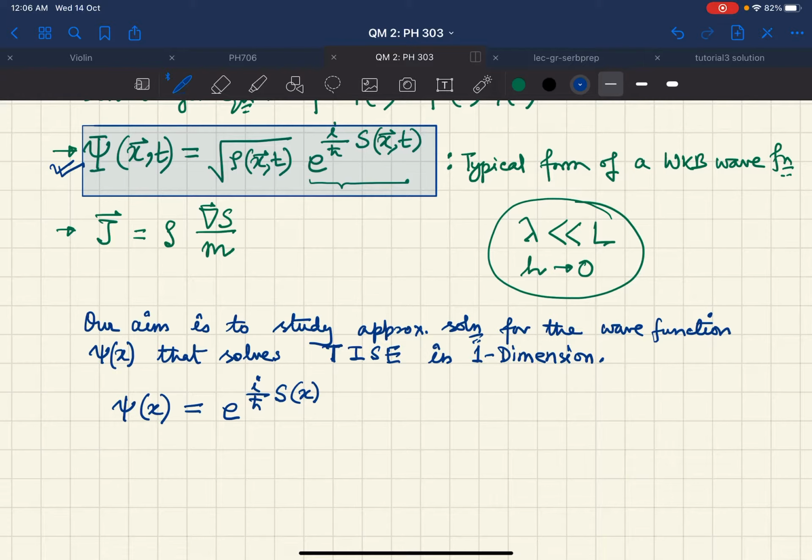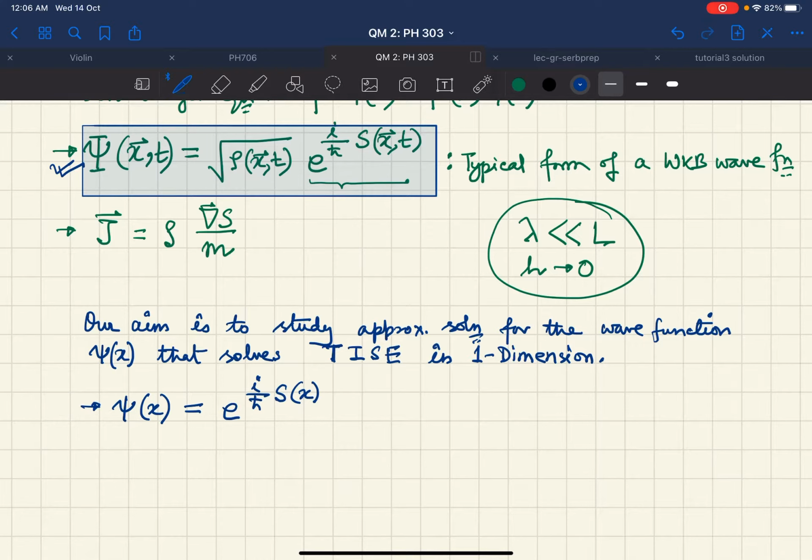Now immediately you can actually raise your concern and say that wave functions are not merely phases. We have seen wave functions having different amplitudes, but here the amplitude rho is always 1. So why should I be bothered about a very specific phase factor only, which I have written here as psi of x?